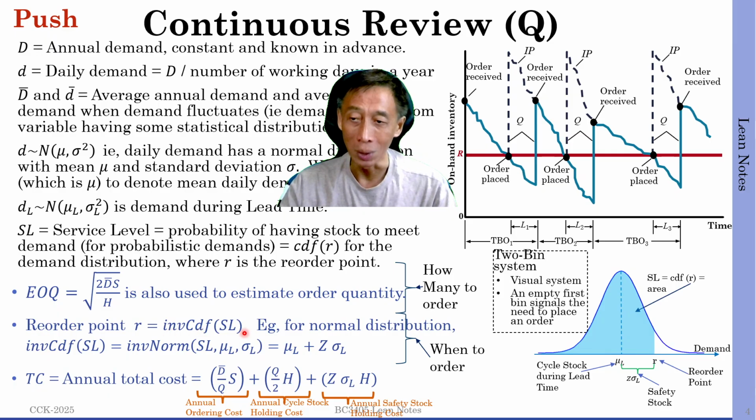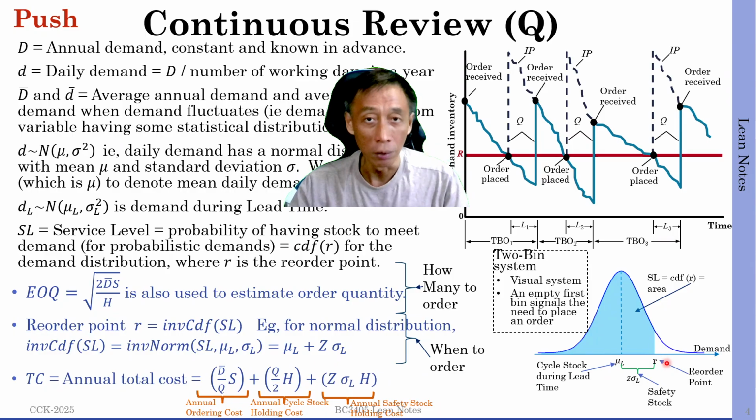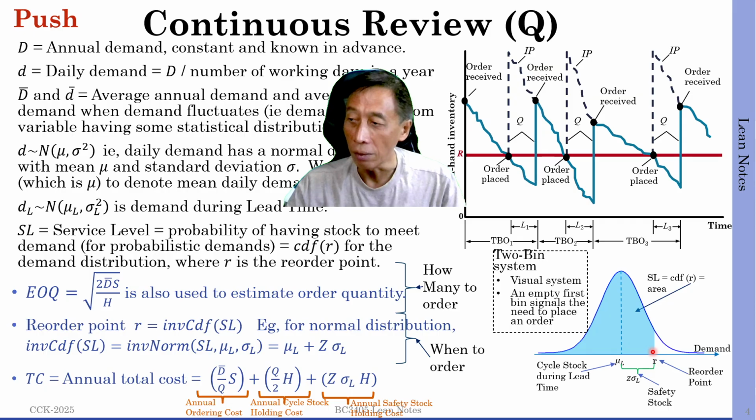So what we do is we take the inverse CDF, inverse cumulative distribution function of the service level. All right, so just look up statistics. We don't want to cover statistics here, but it is more the CDF of R. So CDF, cumulative distribution function, CDF of R, if you look at the normal bell curve on the right bottom here, the CDF of R means calculate the area, in other words, the probability from minus infinity until R, right?